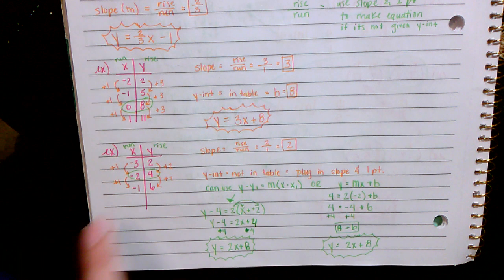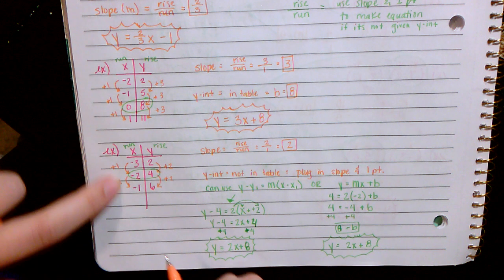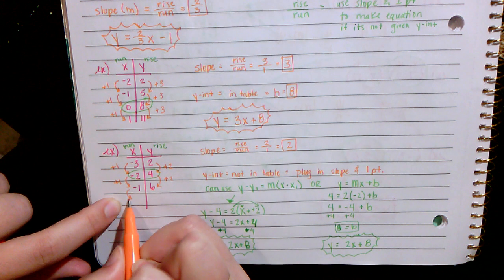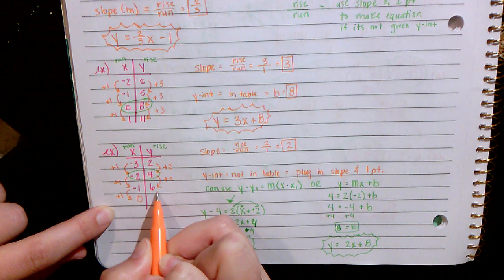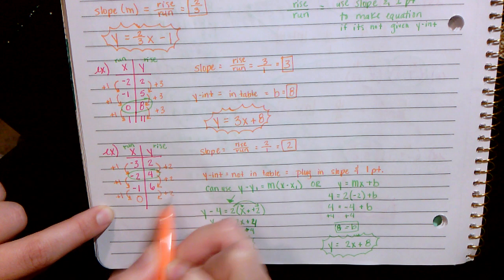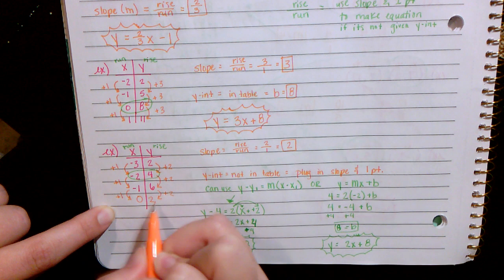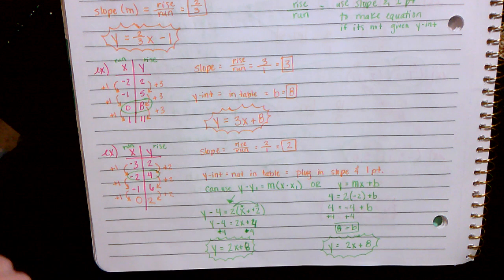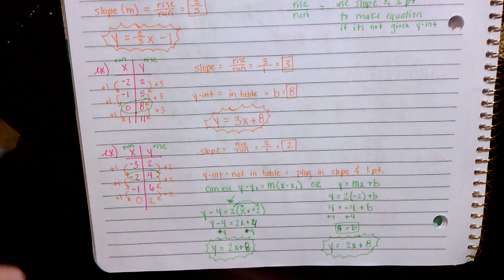Also, you'll notice, though, if I kept going with this equation, if it's +1 every time, if I added one more, I would be at 0. So you can actually just keep going if you want to with your tables.